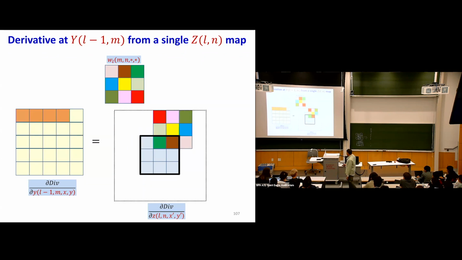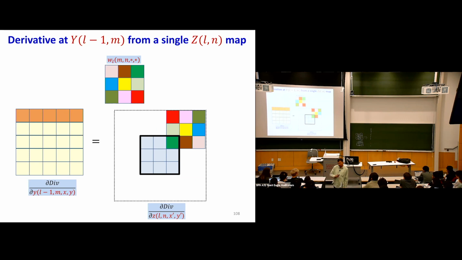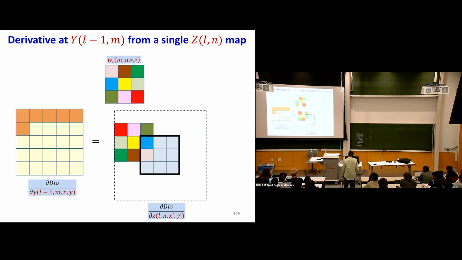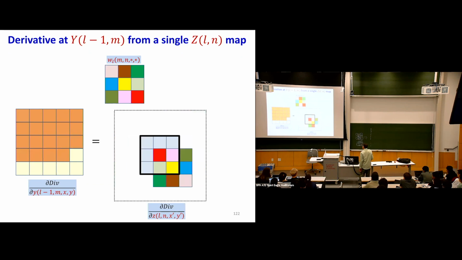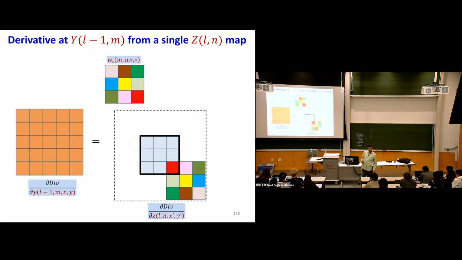And that way, I could continue computing derivatives for as long as the transposed filter stayed within the derivative map. If you go beyond that, I have a bunch of zeros, there's nothing to contribute. So I can continue this all the way until I have at least one element of my transposed filter sitting on the derivative map, right?